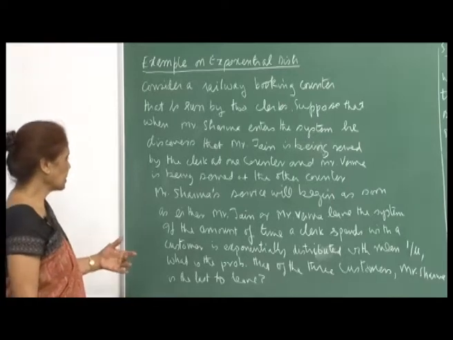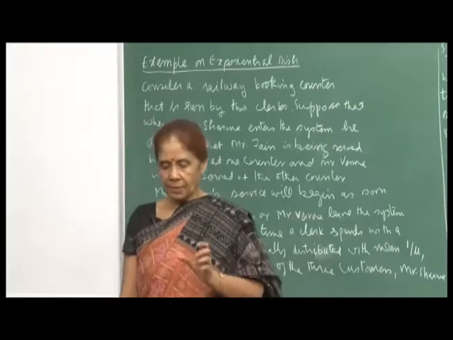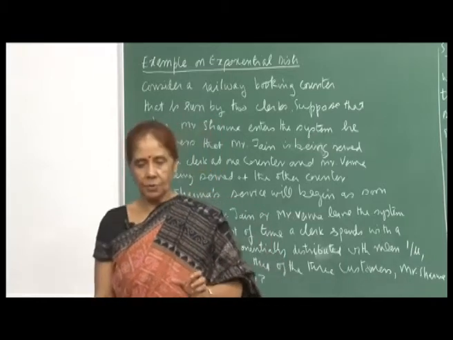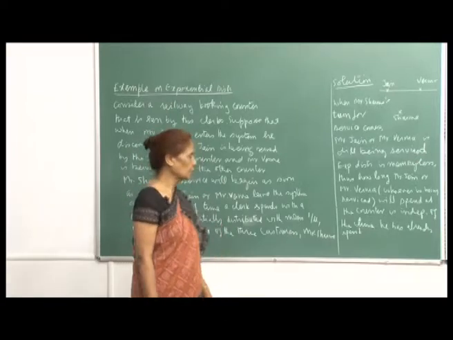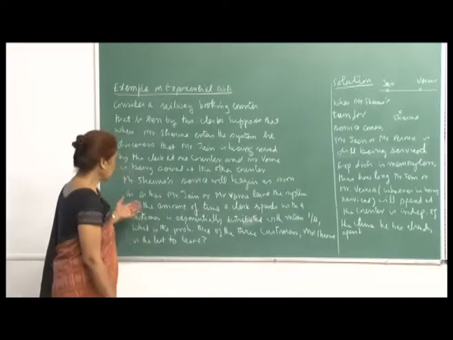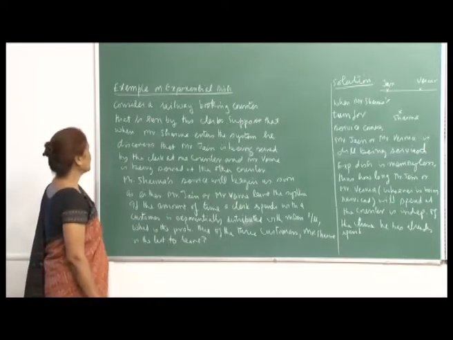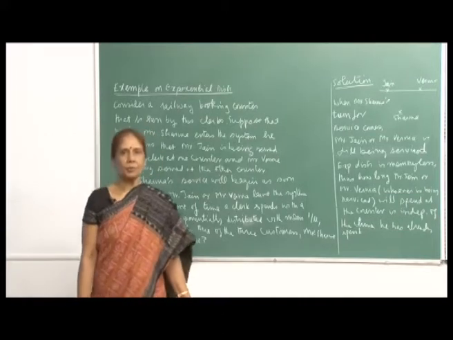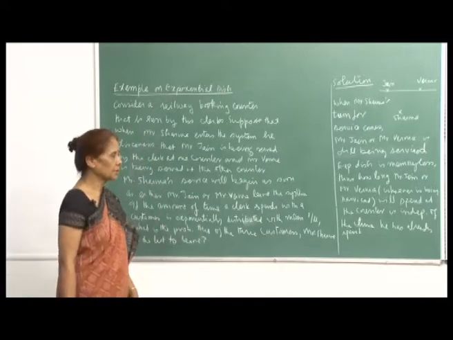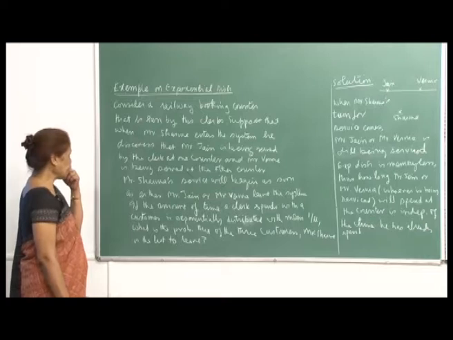And we have shown that the inter-arrival times are identically, independently distributed exponential random variables. Here, this is a simple example on the memoryless property of the exponential distribution. So, consider a railway booking counter that is run by two clerks.